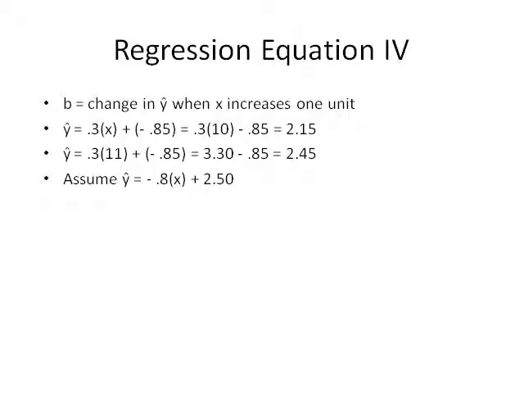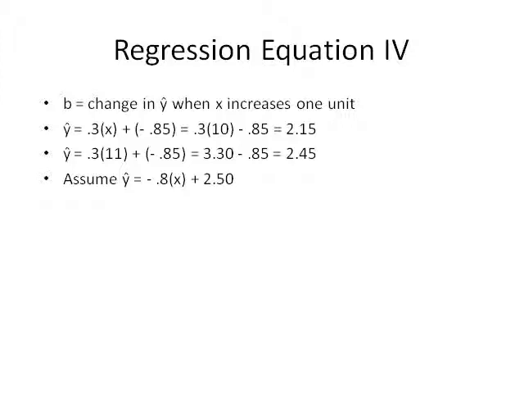Another important attribute of the regression coefficient is that it equals the change in the predicted value of y when x increases by 1 unit. In our example, the regression equation is y hat equals 0.3x plus a negative 0.85.